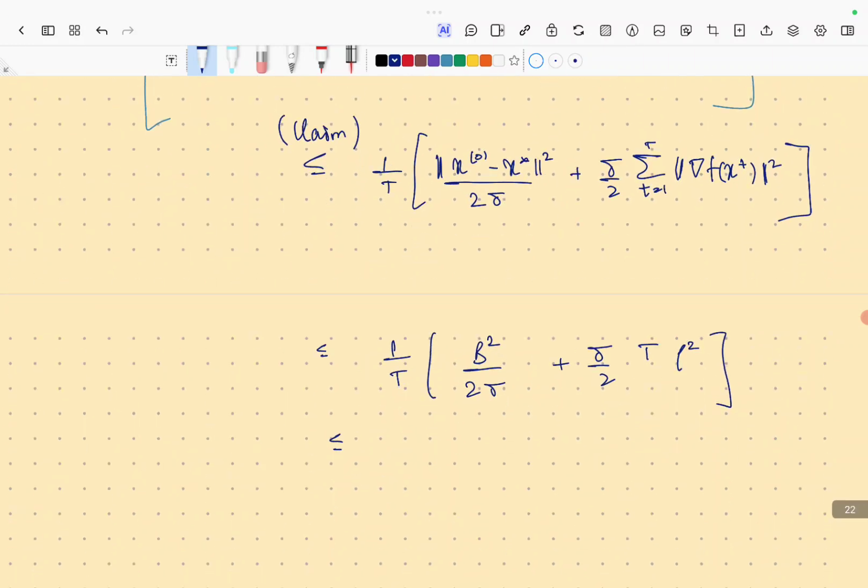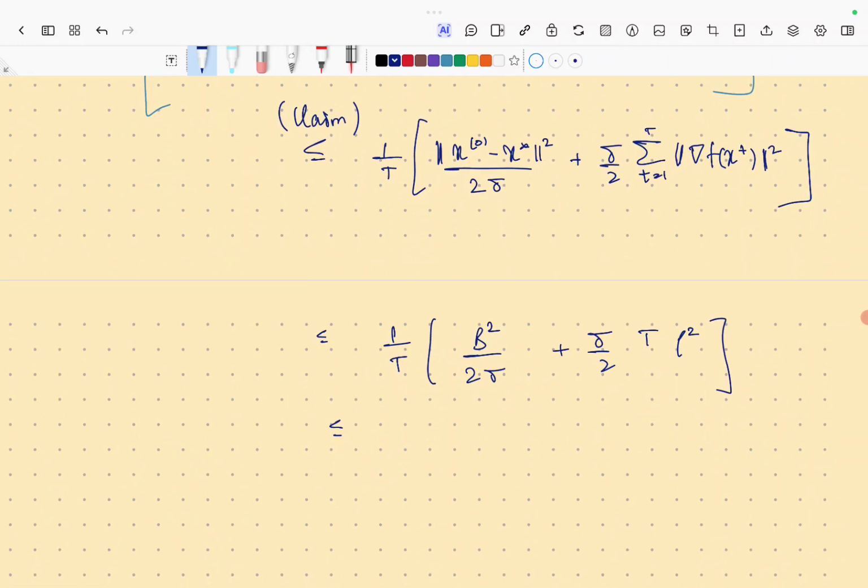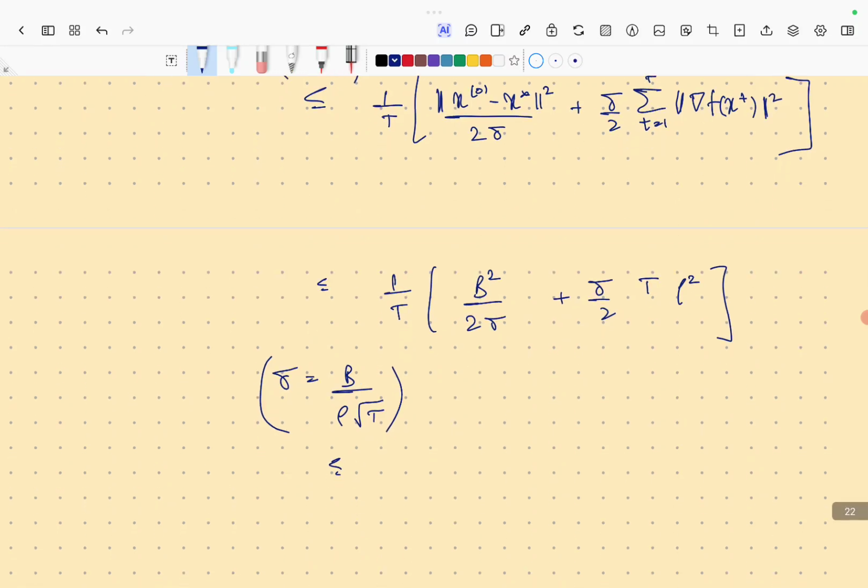But instead, if I choose delta to be equal to b divided by rho times square root of t, then this is equal to b square divided by 2b rho square root of t plus b divided by 2 rho square root of t times rho square.